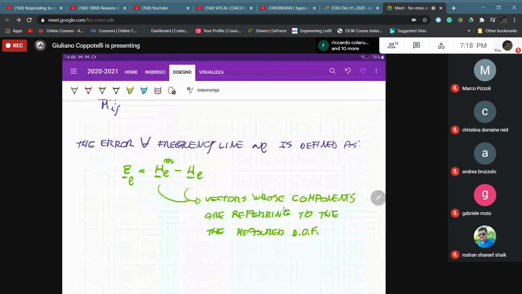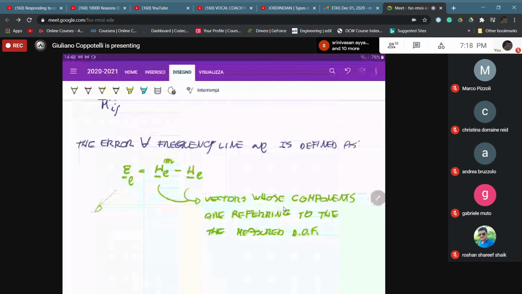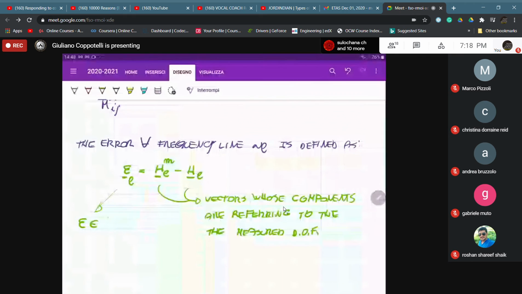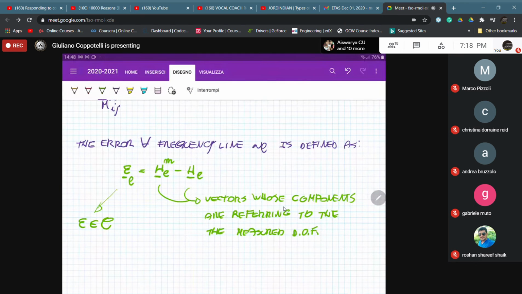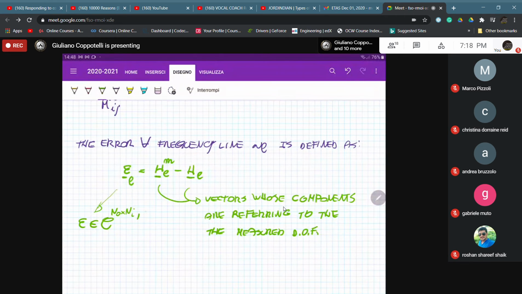And therefore what we got here is the resulting error for each frequency line, a vector that is generally a complex quantity whose dimension is n output times n input, and then 1 because we have just one column, okay.